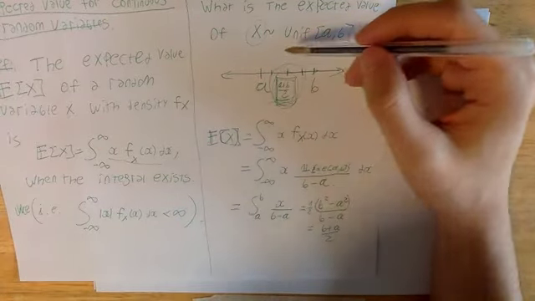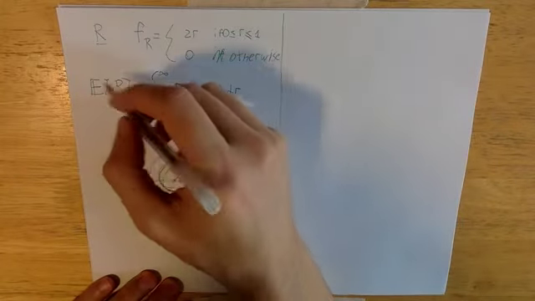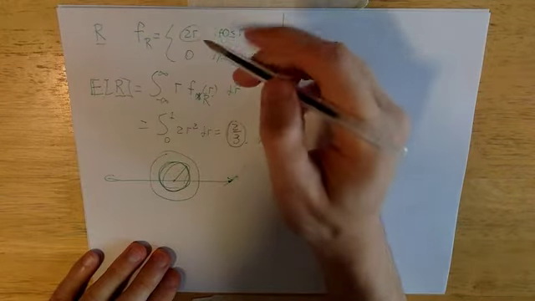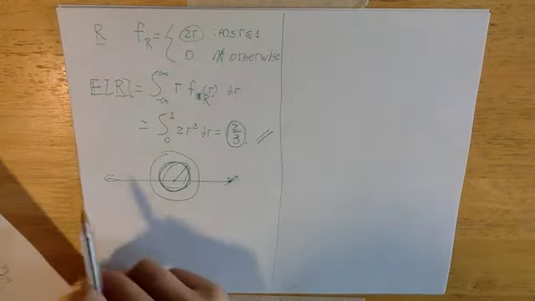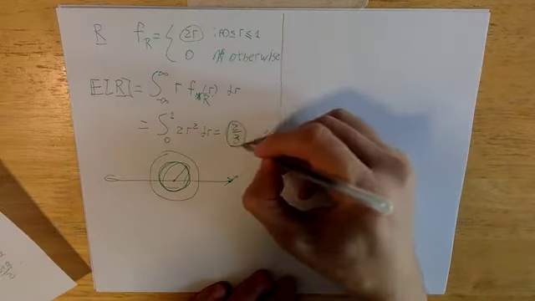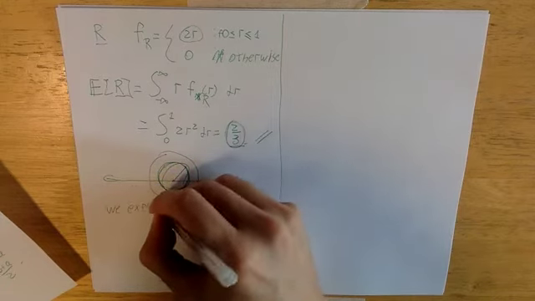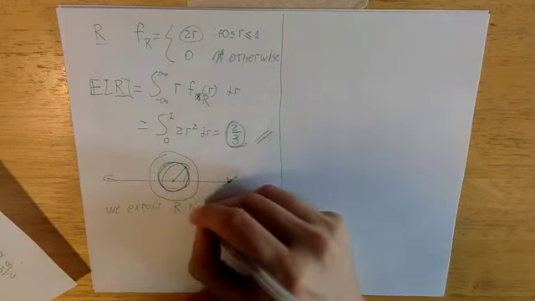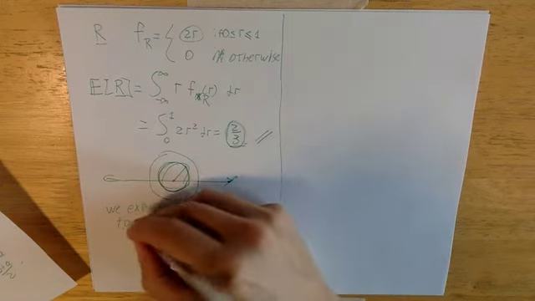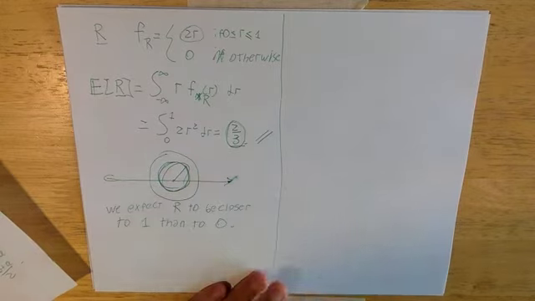The distribution of R between 0 and 1 grows with R, okay? Because it grows with R, it's more likely that the value you end up with is closer to 1. So we expect R to be closer to 1 than to 0.